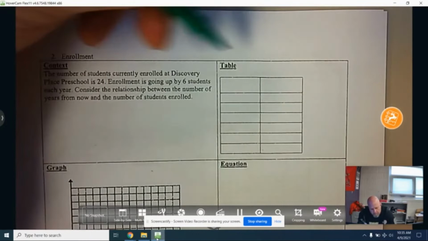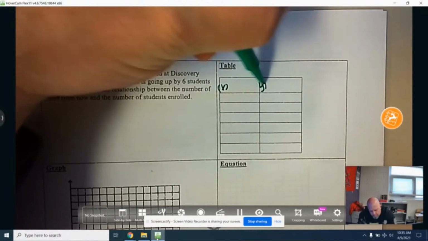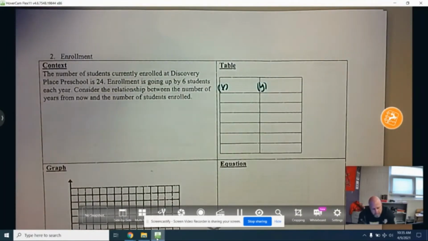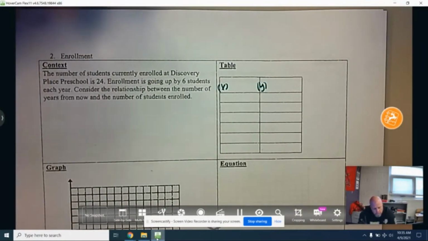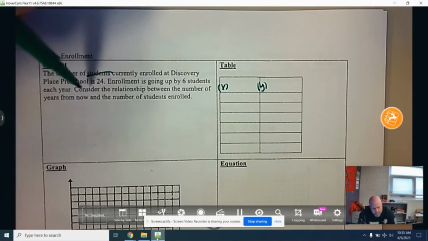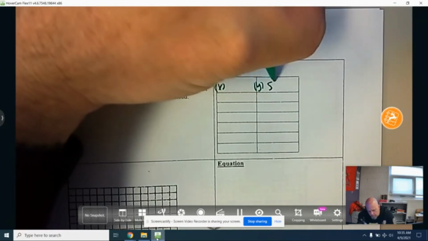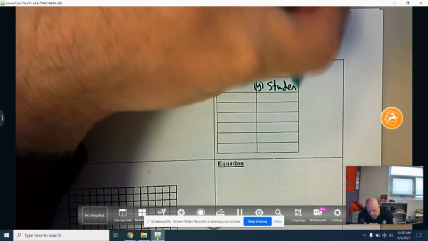Okay, so here we could have a table. We need to come up with our x's and our y's. And anytime you ever see something with a total, okay, that's going to be your y. And in here, the total is going to be students. So we're trying to figure out total enrollment. So over here, we can just say students for now, or total students.